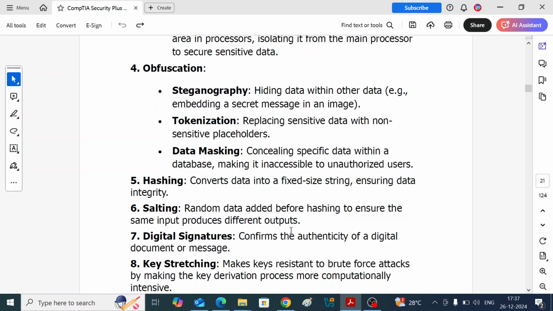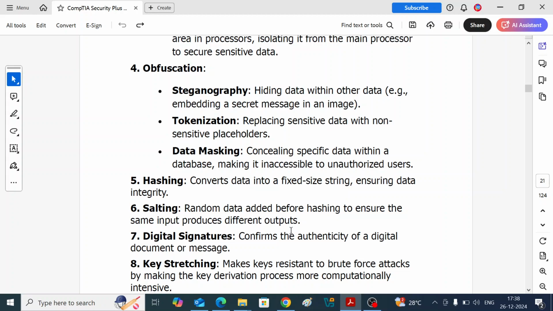You basically hide the sensitive data or the confidential data to protect it from unauthorized access.